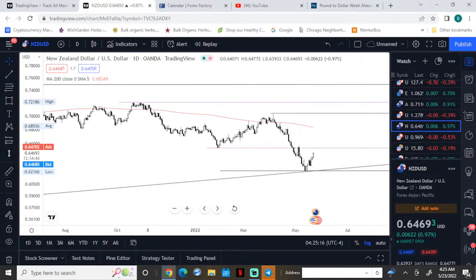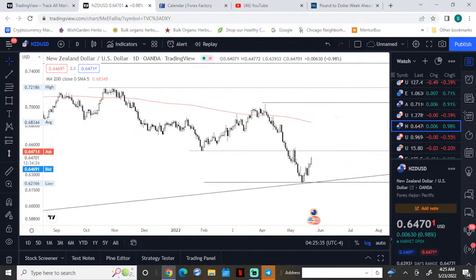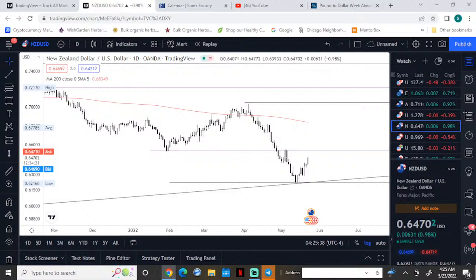Daily, daily. All right, I'm debating if I want to put it here, the bottom of these two, or at the top of these two.